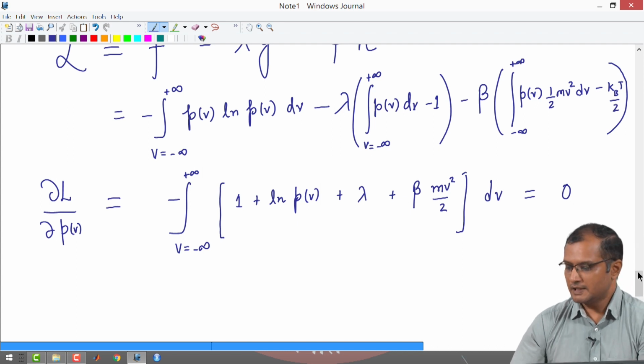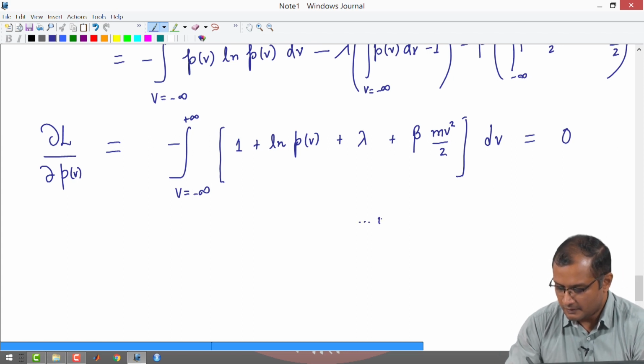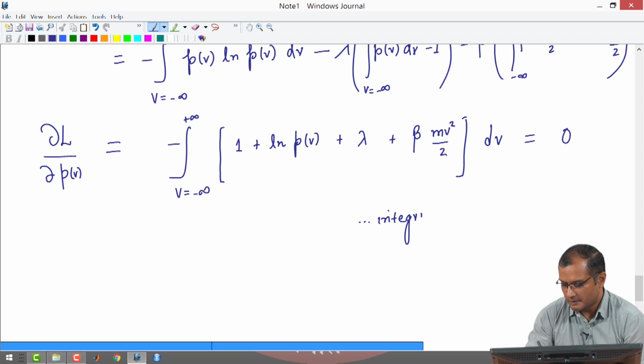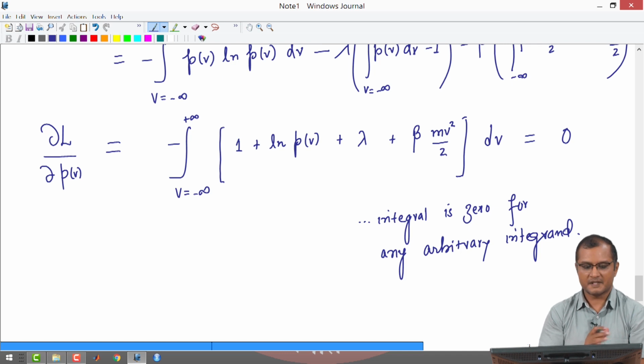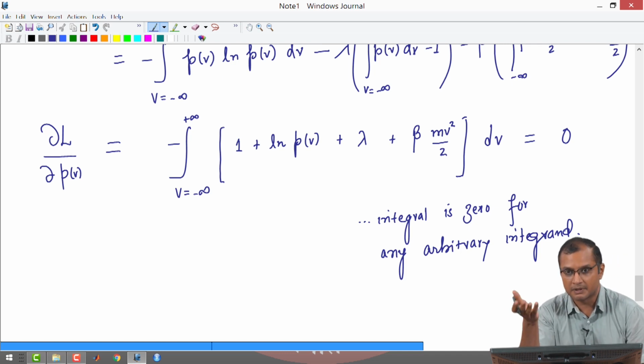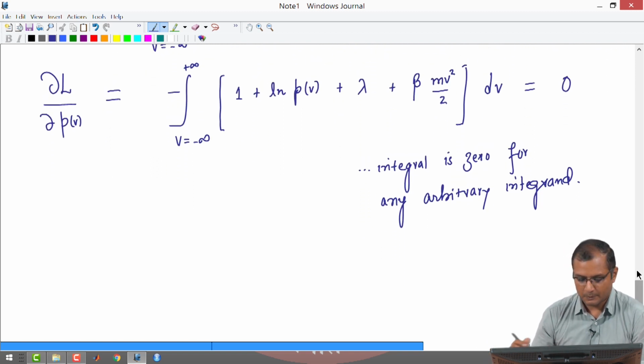Now you can see that the integral is 0 for all values of the integrand, for any arbitrary integrand. We have not specified that P of v has to be a certain type, only then this is 0. So, for this entire integral to be 0, my integrand has to be 0.